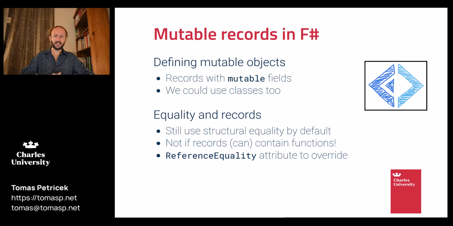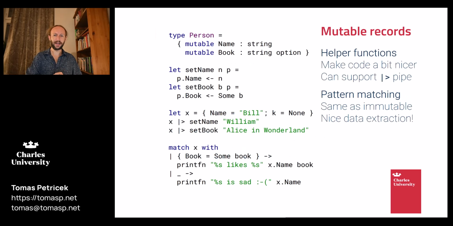So in particular, if you have functions in your records, and we will have that for native methods implementations, then you can no longer compare them. And in F# you could optionally mark the record with this reference equality attribute to override that behavior. But we're not going to do that. But this means that it's not going to be easily directly possible to compare records.